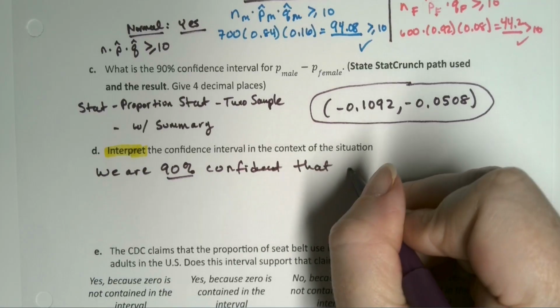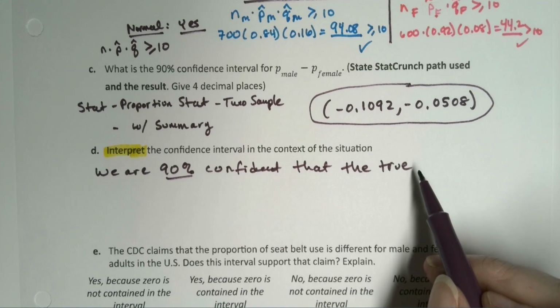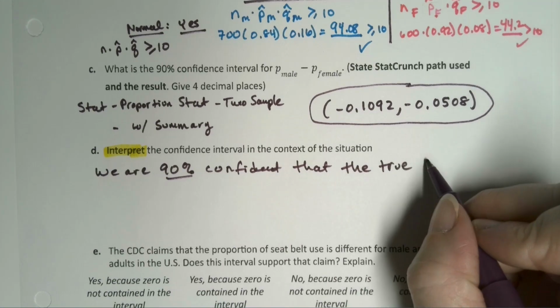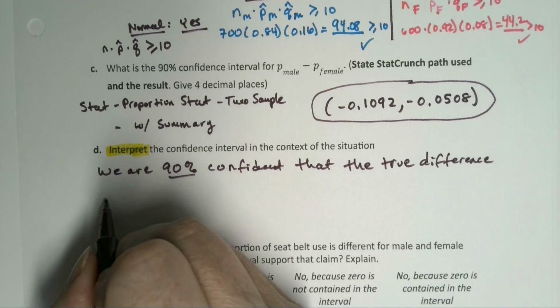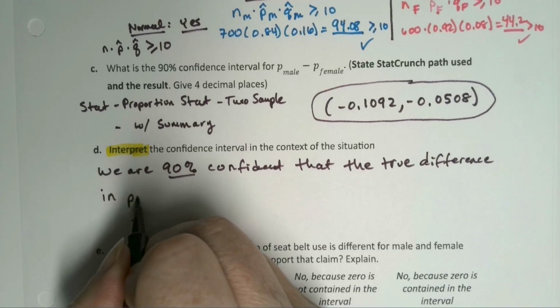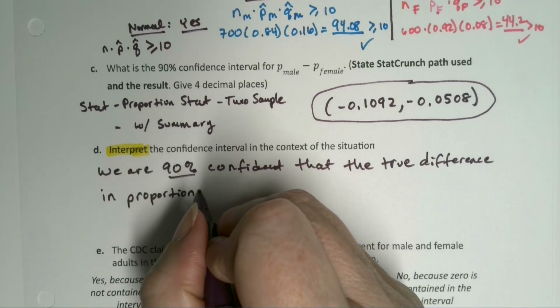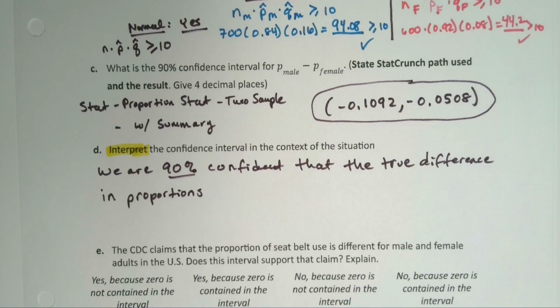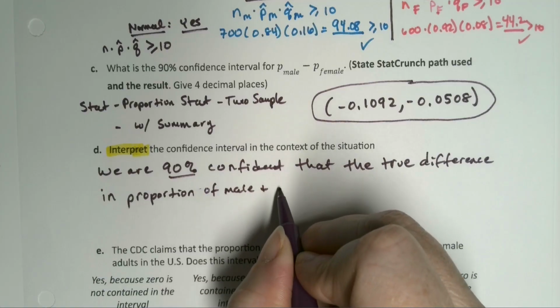that the true, in chapter 9 it would have been mean or proportion, but in this case it's the difference in the proportion or proportions, actually proportion, difference in proportion of male and female drivers that use seatbelts.